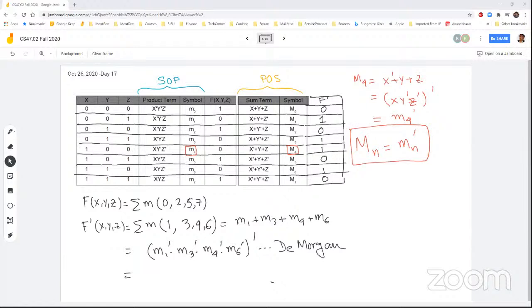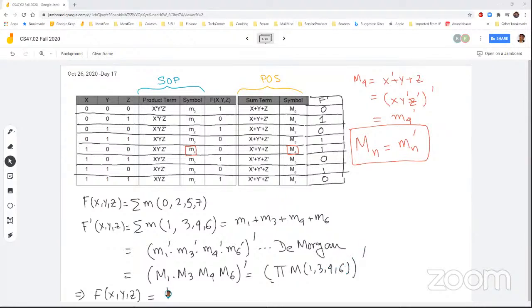Okay, so that means what I can write here is practically M1, M3, M4, M6 bar. That means my uncomplemented function is going to be, practically, I'm writing 1, 3, 4, 6 whole bar.